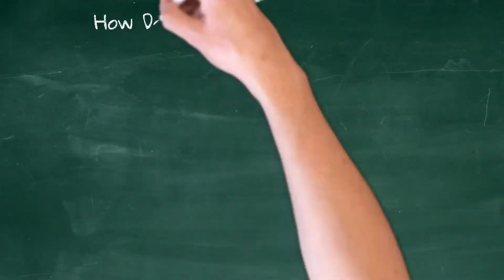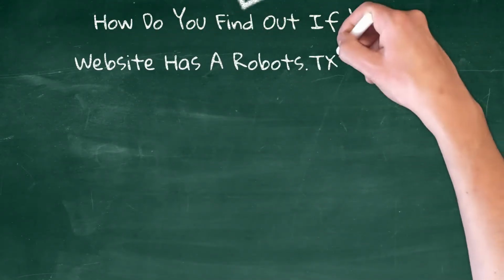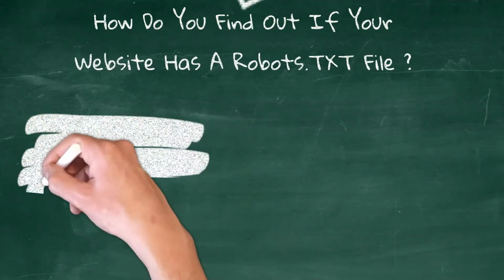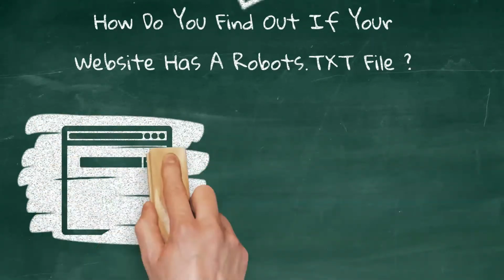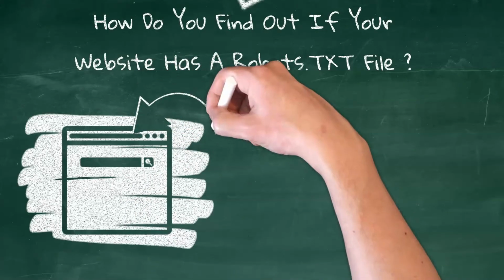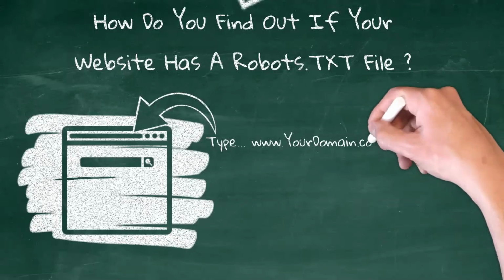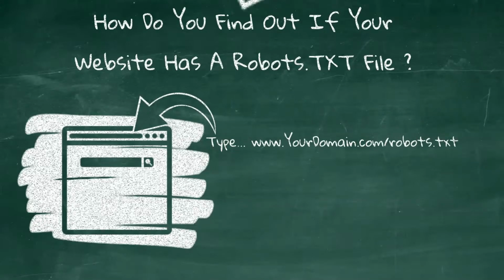So how do you find your robots.txt file? Well, the simple way of doing it is typing in your domain in the URL in your browser and typing in /robots.txt. And it should come up with your file. It should just be a simple plain text file, and if there's one there, it'll come up, and this is visible to anyone.